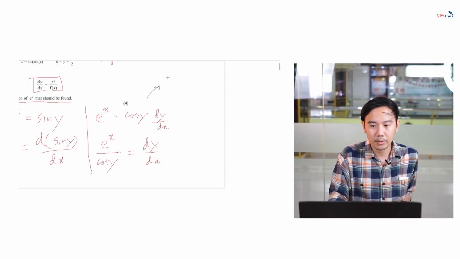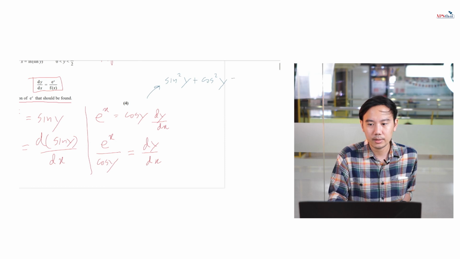You probably know that sine squared y plus cosine squared y is going to be 1, and that's one of the trigonometric identities that you already knew from P3, right? So if I do a little bit of rearranging, I'll get cosine of y equals the square root of 1 minus sine squared y, with plus or minus, right?